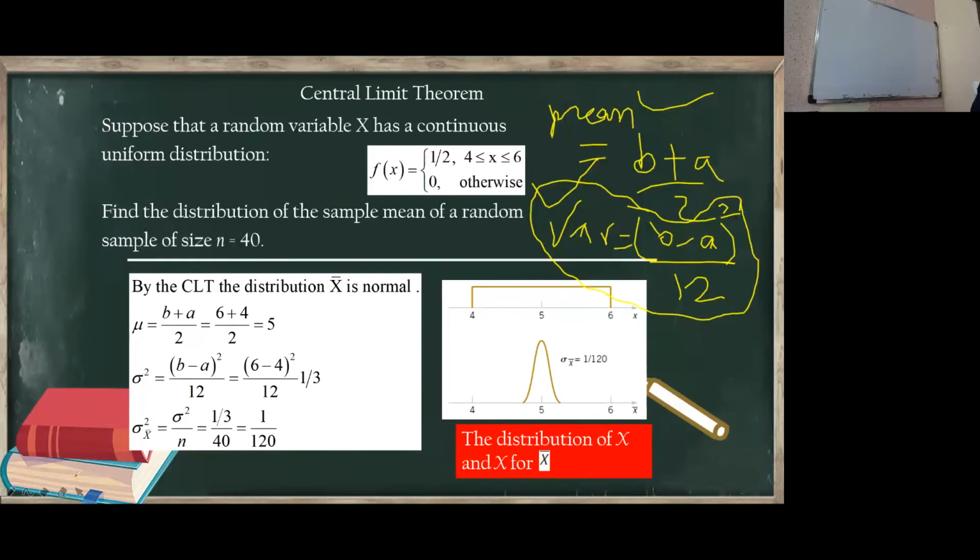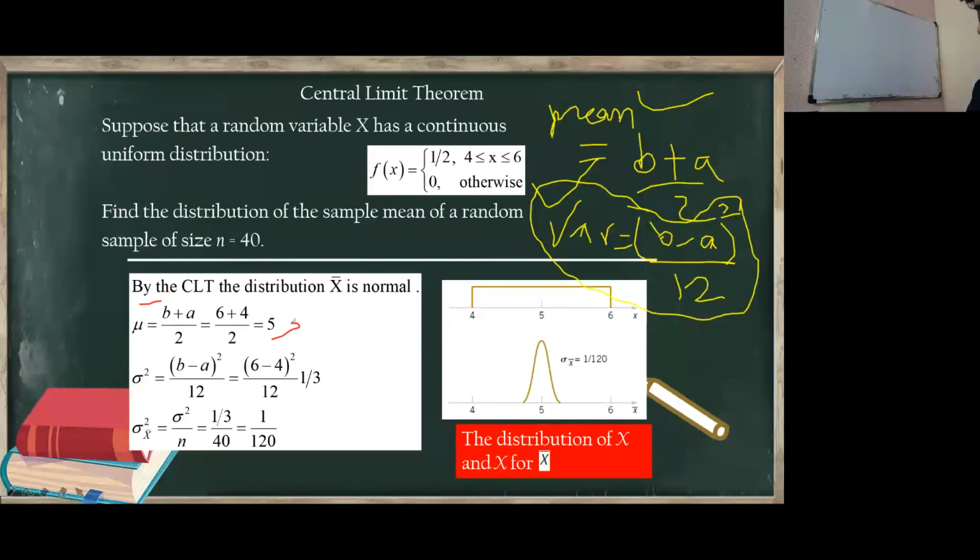So to get mu, we have 5. Now we know that by the central limit theorem, x bar is normally distributed.